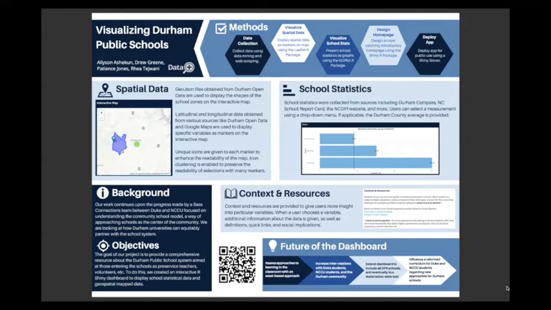So I can go into the context and resources. For the spatial data and the school statistics, we did have context and resources, which give a little bit more insight about the variables.